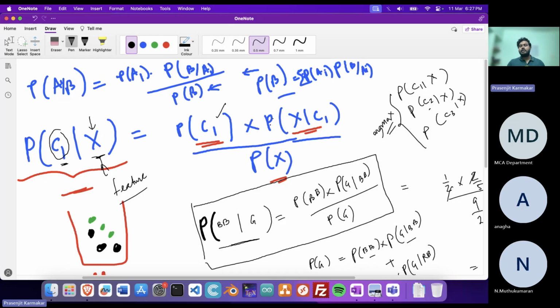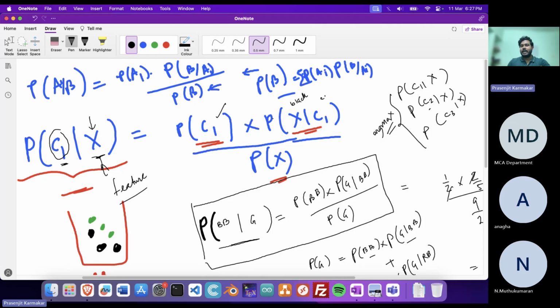Similarly, I can also compute, let's say the feature x means darkness. Let's stick to the same example. How many times do I have a cat image that is dark? That will be P of x given C1. Or let's say not dark, let's say x is black.